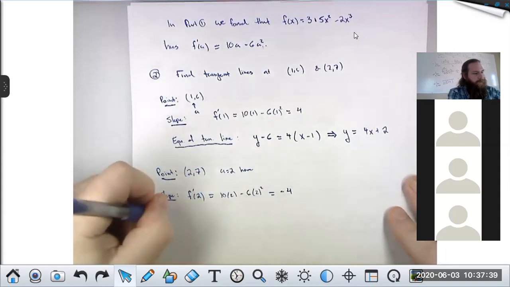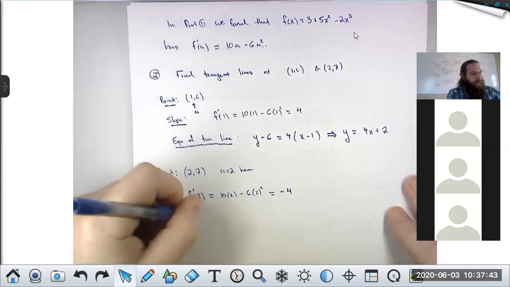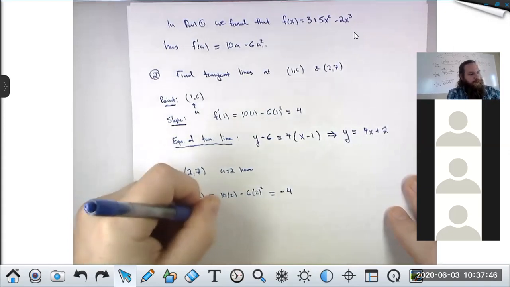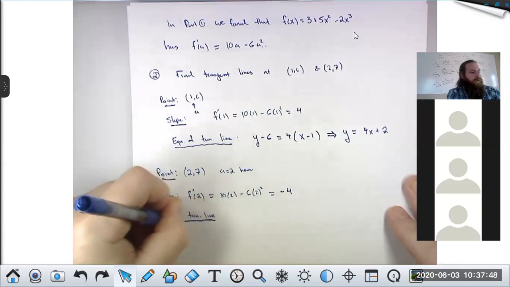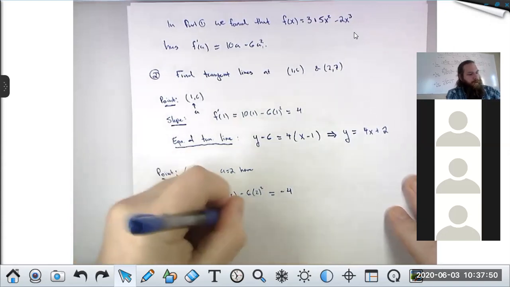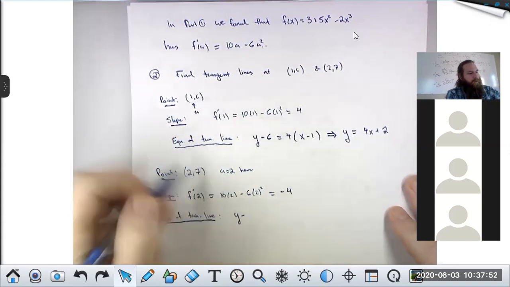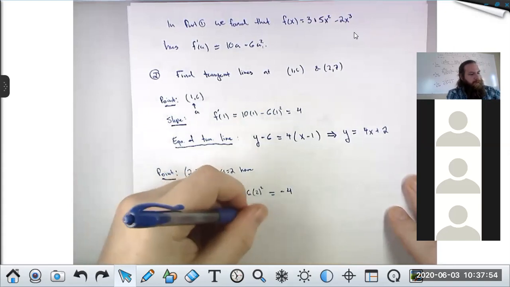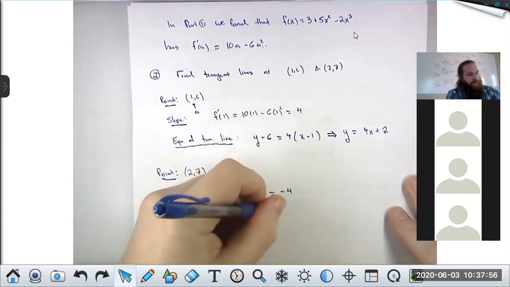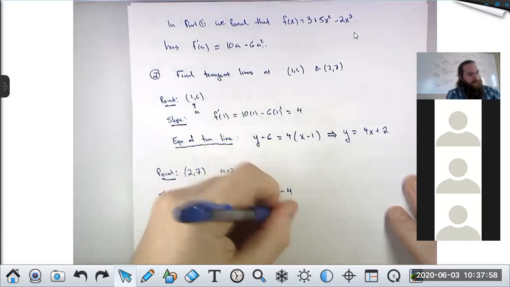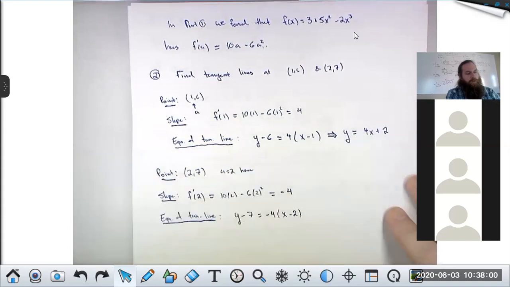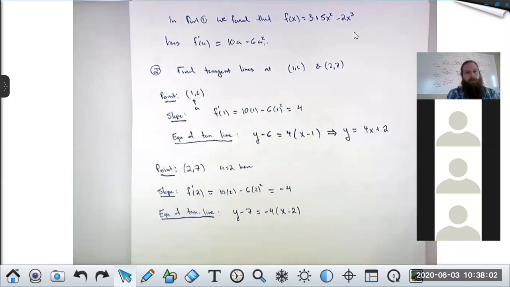So the equation of the tangent line here is y minus y1, y minus 7 equals negative 4 times x minus 2. And that's part 2 sorted.